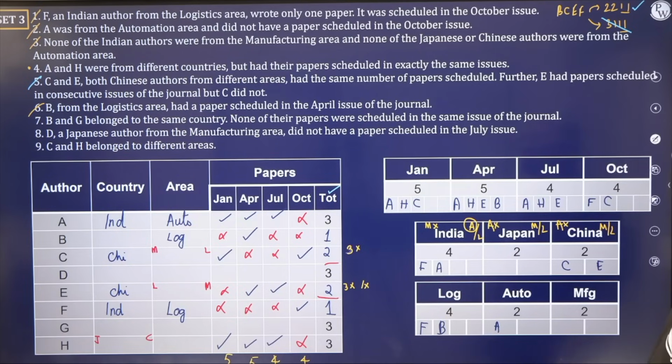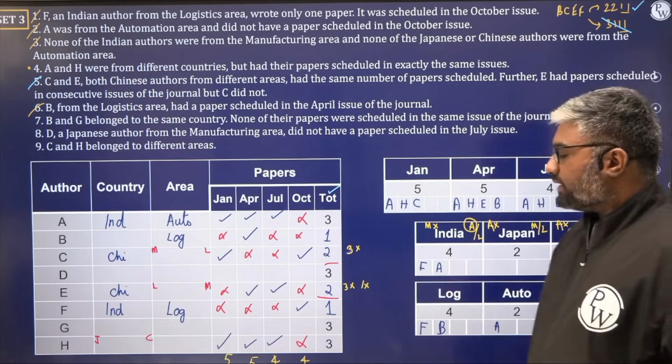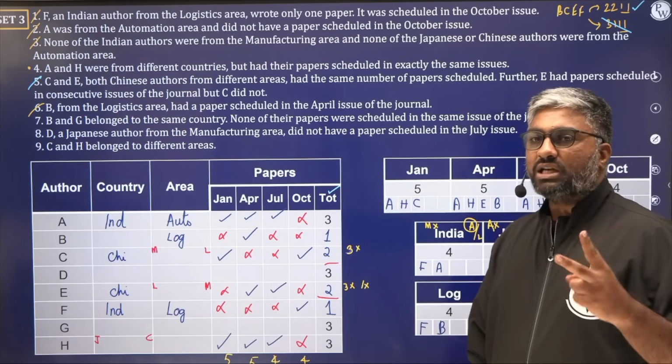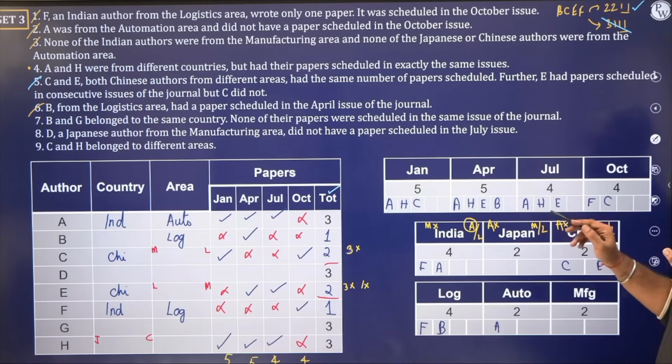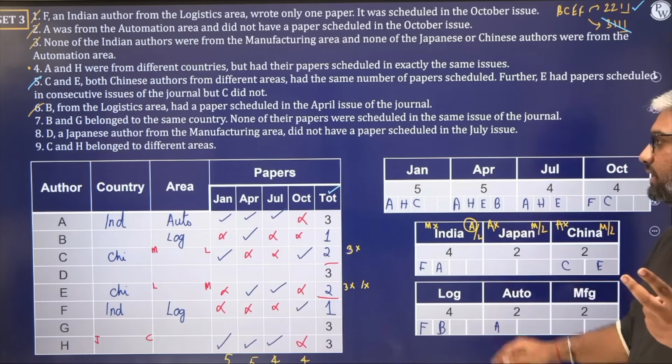B and G are from the same country, so I think we can figure this out. They can't be from China, either they are both from Japan or they are both from India, right?